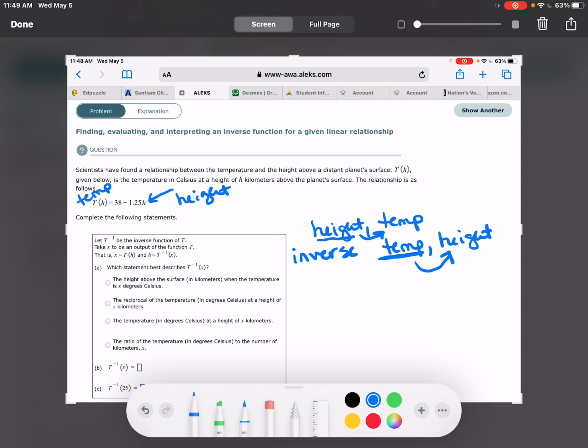The height above the surface in kilometers when the temperature is x. Actually, that sounds pretty good. The reciprocal of the temperature in degrees Celsius, that's just getting weird and complicated. The temperature in degrees Celsius at a height of x kilometers, that actually was our original situation.